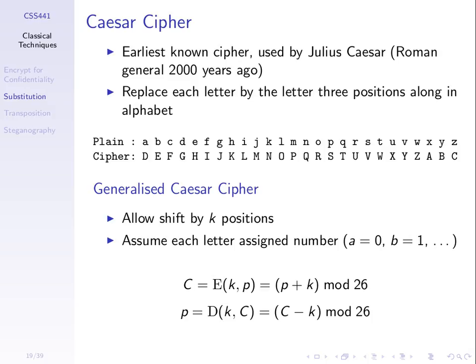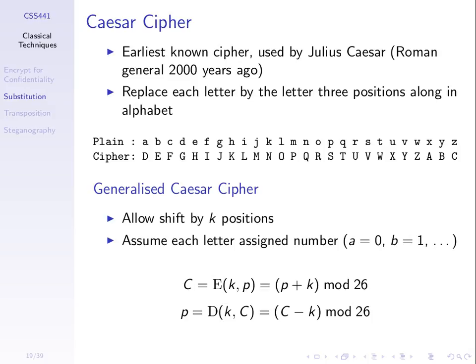And if you get a letter Z as input, then 3 positions to the right, we wrap around back to the start. So 3 positions to the right of Z is C. So we move 1, 2, 3. So we wrap around so we can handle any possible letter. So that's the algorithm for encryption.